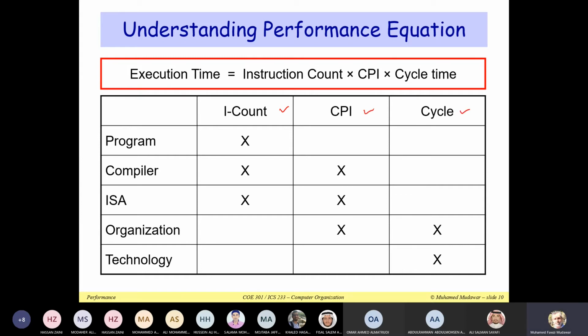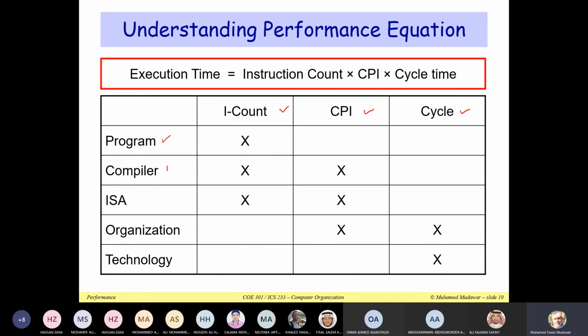Now, inside the computer system, we have a program. The program is written in a high-level programming language. There is a compiler that's going to translate the program from high-level programming language into low-level, into assembly, and then from assembly into machine instructions. There is the instruction set architecture.